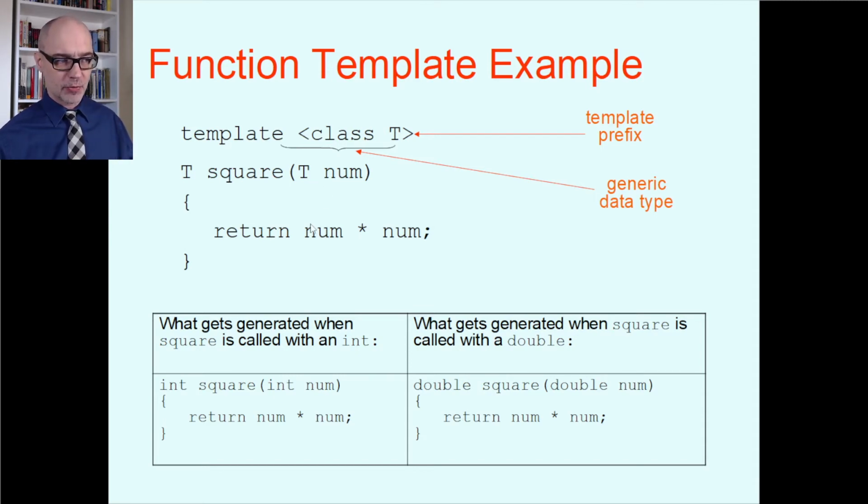And as you can see here for this very simple example, just one line of code, you take num times num, which is of course what I expect to see for a squaring operation, return that, and presumably if you multiply 2 things of type T, you get a type T result to finish with, and that is what we return, a type T thing. So you see that type parameter showing up for the return value in this particular case, and for the incoming parameter in this particular case. And that's a pretty good example of a function template.